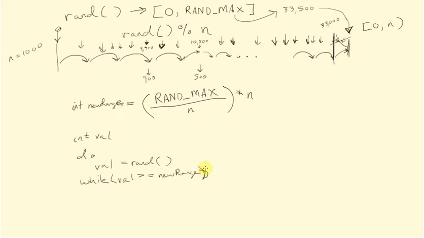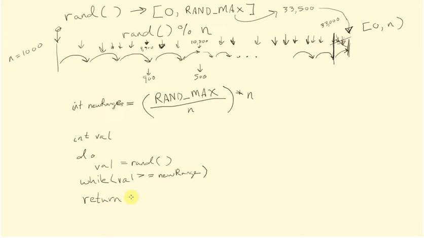So this is our method of disregarding rand outputted values that are over in this section. So we're going to keep on getting rand values until we get one that's within the new range that is equally divisible into parts of size n.